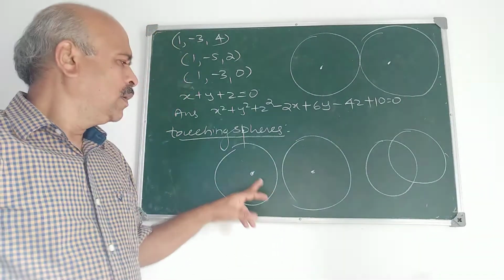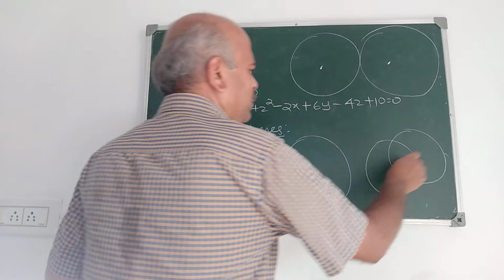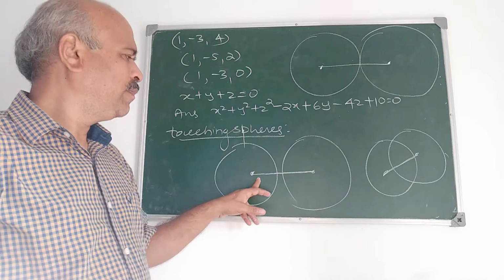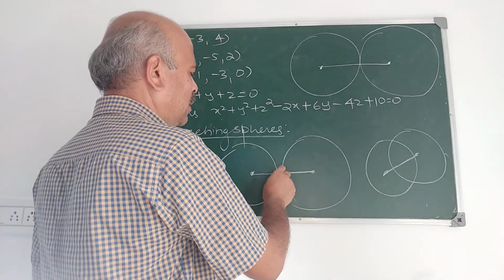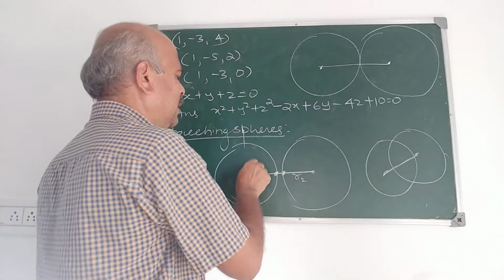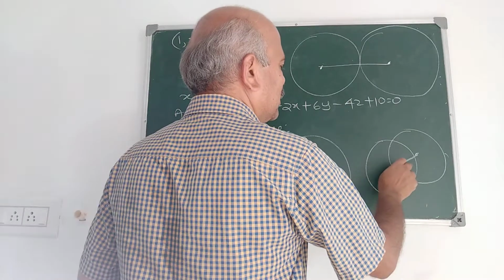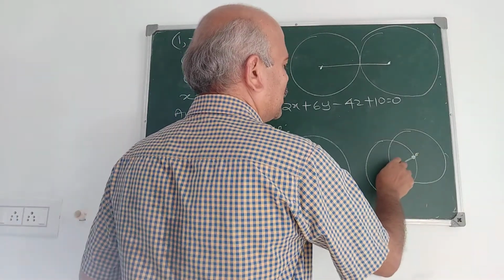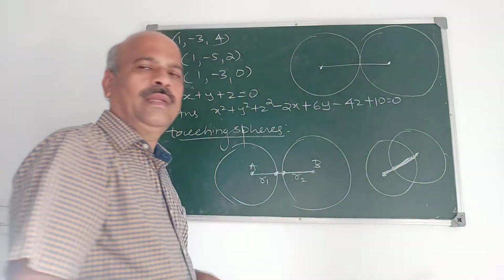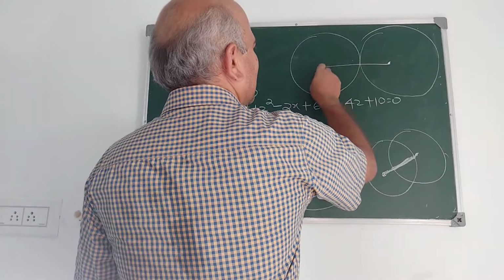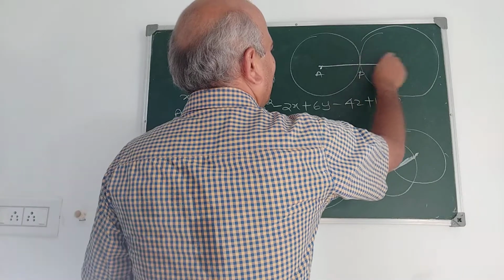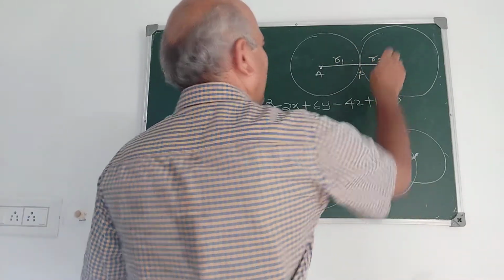Now, what do you observe here? This is the radius. This is R1, this is R2, and A and B are the centers. This is A, this is B, and take this as P. AP is R1, PB is R2.